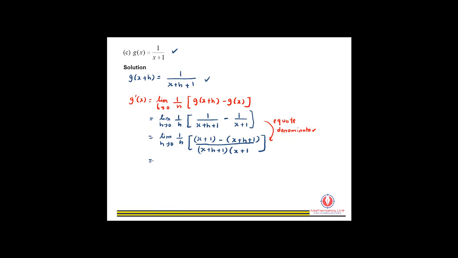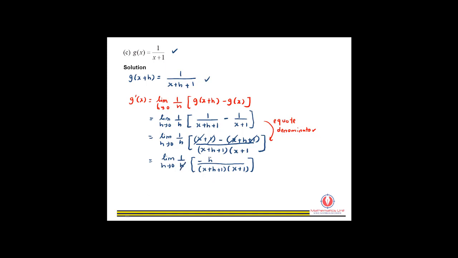Okay, next we can simplify. So x minus x and then 1 minus 1. So the balance we will get negative h over x plus h plus 1 times x plus 1.